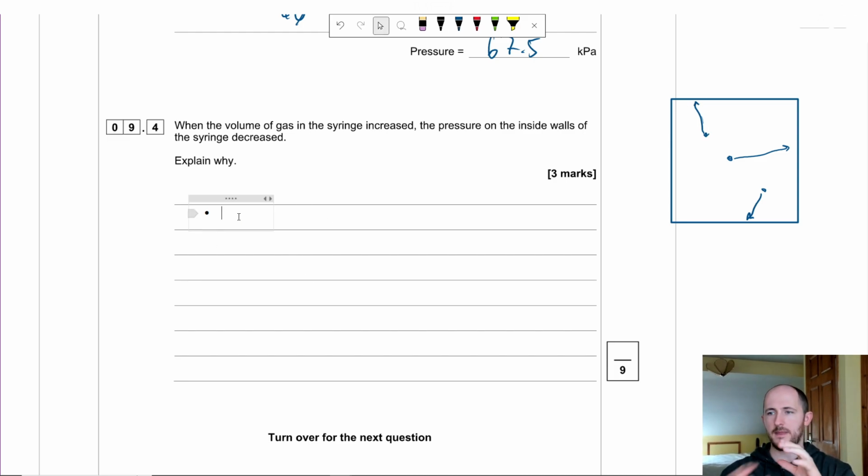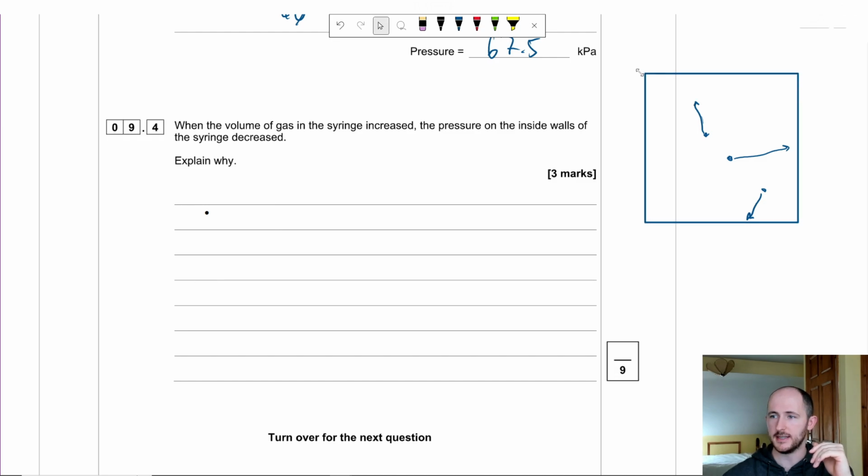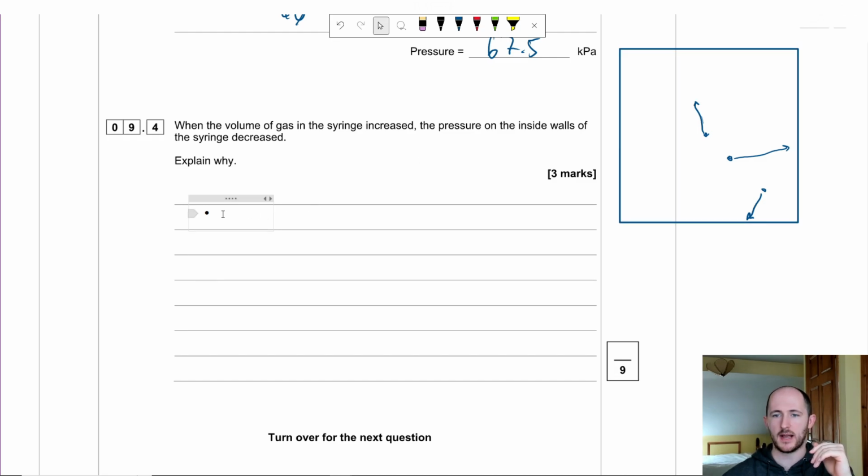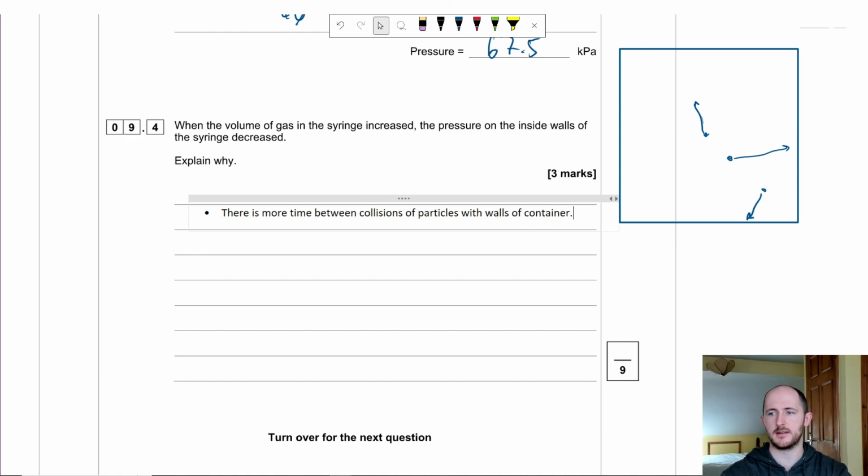So why, when there's a bigger volume of gas, so when we make this box bigger, why does the pressure decrease? Well, it all has to do with the frequency of collisions. So essentially, there is more time between collisions of particles with walls of container, right?